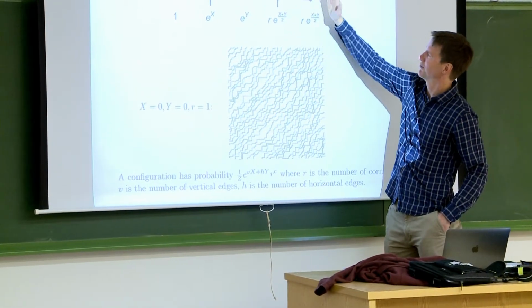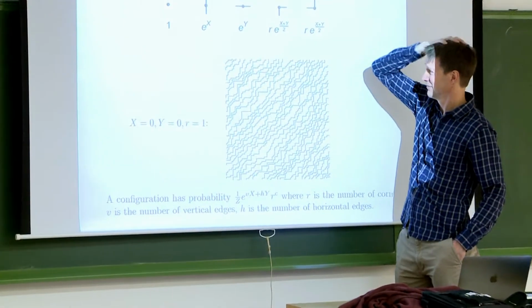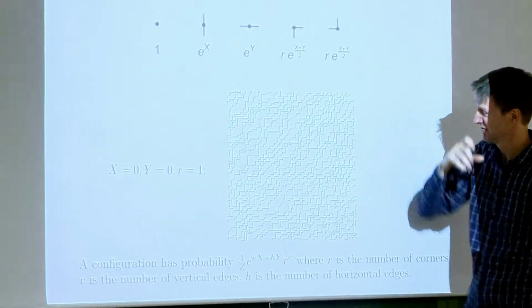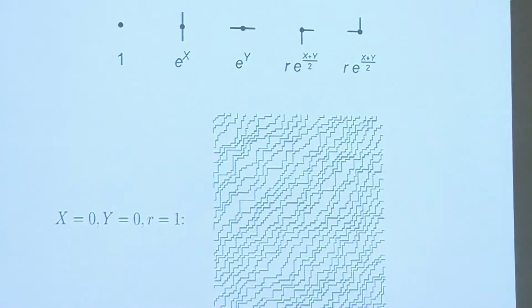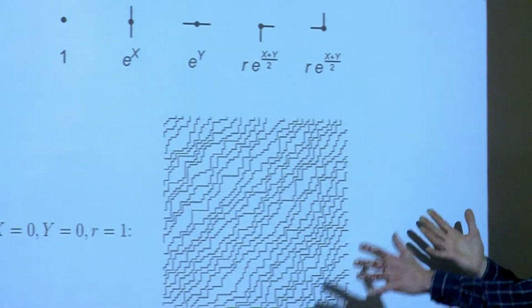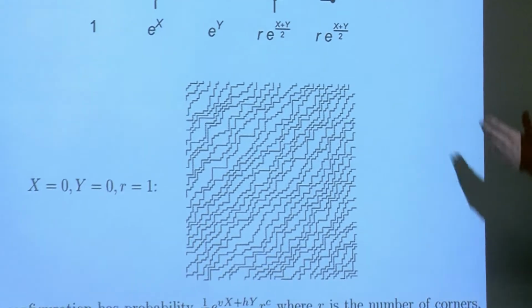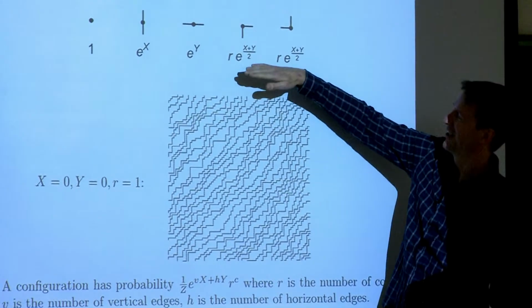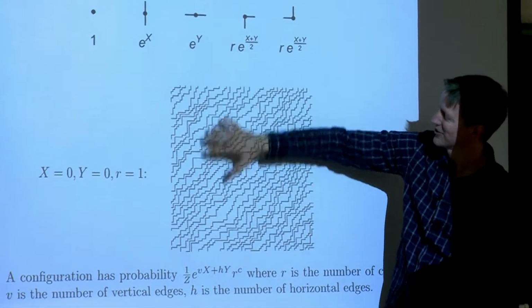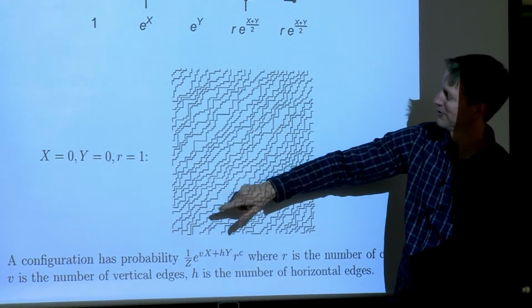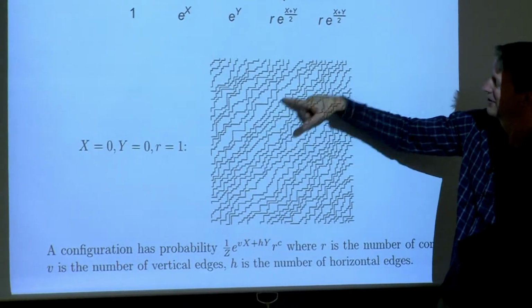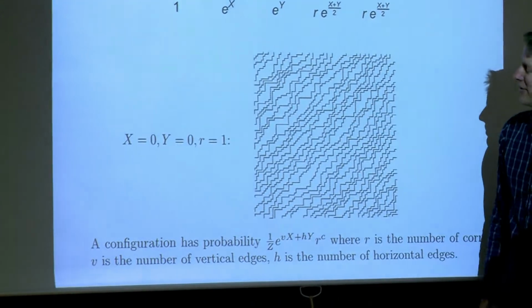It's again a model of stepped surfaces. For some reason I'm not drawing them as stepped surfaces because this is the way people draw them. This is the way physicists have been drawing them for 50 years. But you think about configurations of lattice paths, northeast going lattice paths like this.